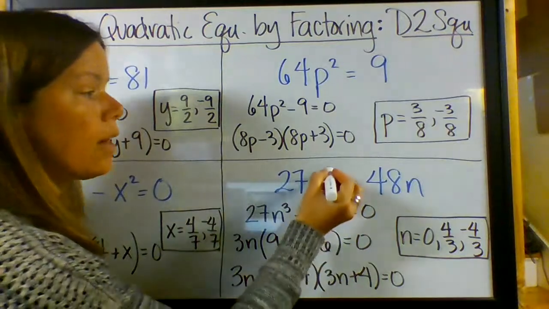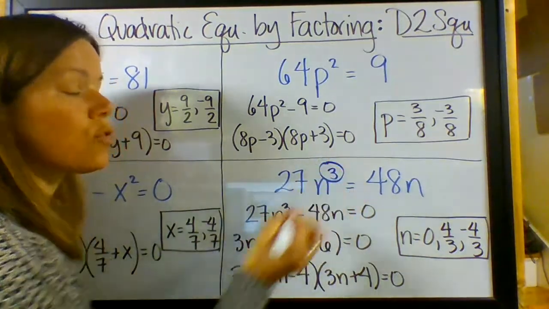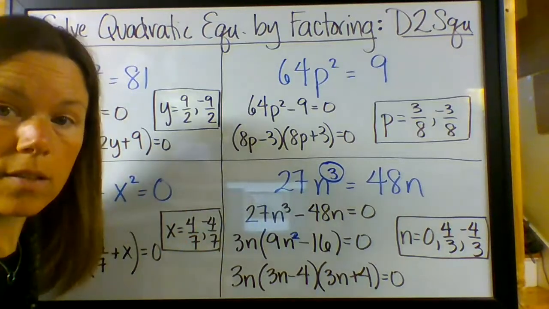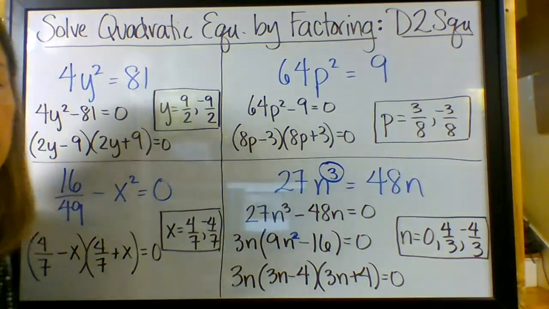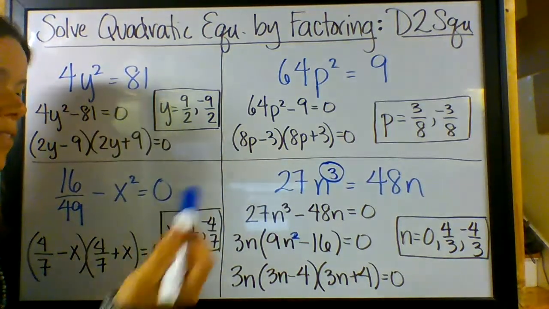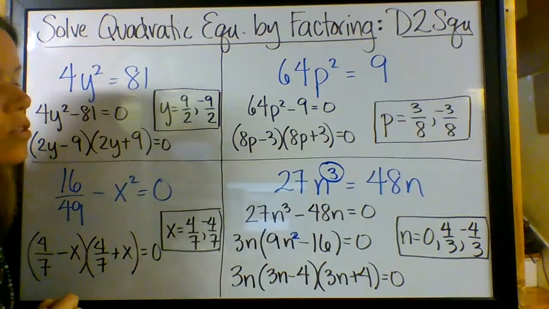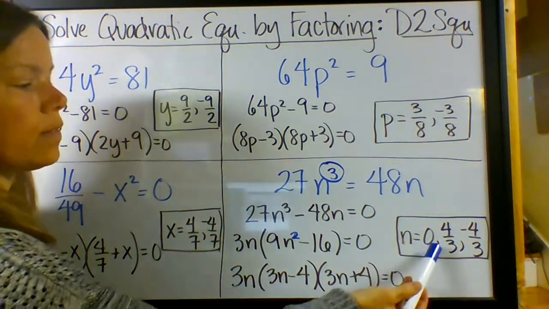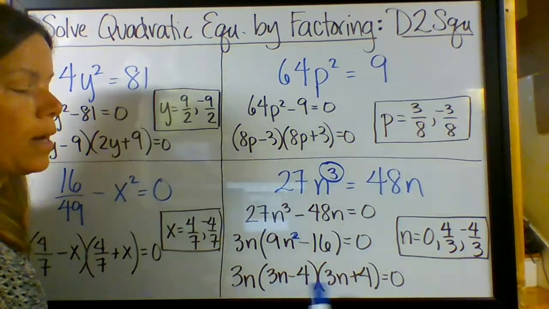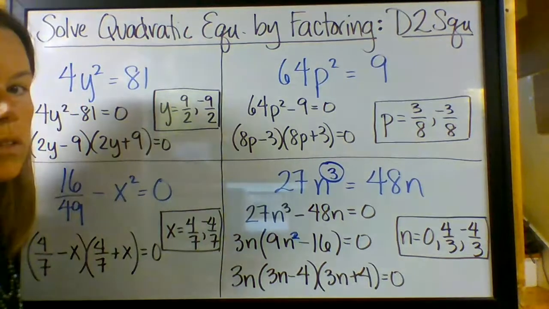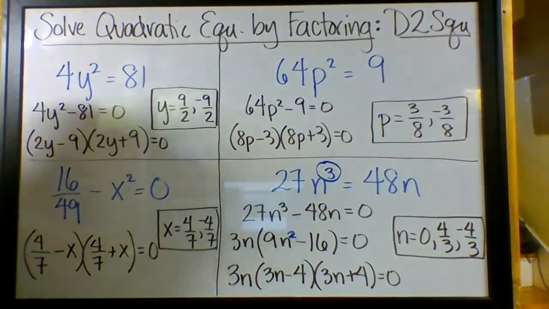And remember that the n to the third up here told me there would be three solutions, because the fundamental theorem of algebra tells me that the highest exponent tells me how many solutions there are. So 3n equals 0 gives me 0, 3n minus 4 gives me 4/3, and 3n plus 4 gives me negative 4/3. Okay, does that make sense?